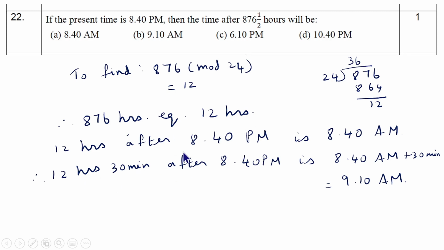So 12 hours after the given time 8:40 p.m. is 8:40 a.m. Now we need to find time after 876 and half hours. So it means 12 hours 30 minutes after 8:40 p.m. will be 8:40 a.m. plus 30 minutes. So 30 minutes after 8:40 a.m. is 9:10 a.m. So the correct option is option B, 9:10 a.m.